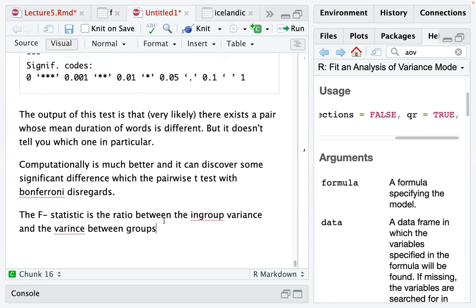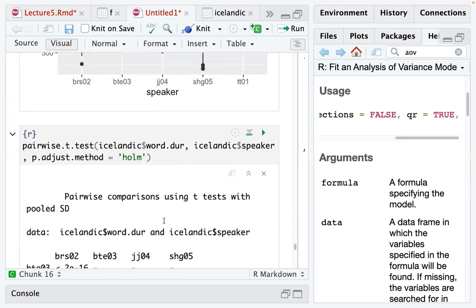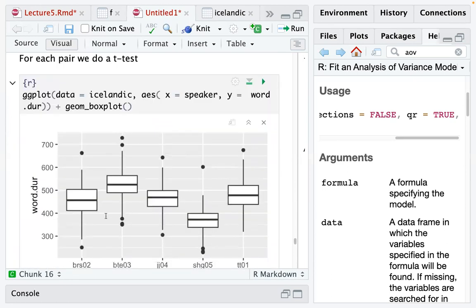What does it mean? Let's go back to this box plot. Each one of these groups has a variance. If you simply consider the mean of each group, we see that they differ from group to group.